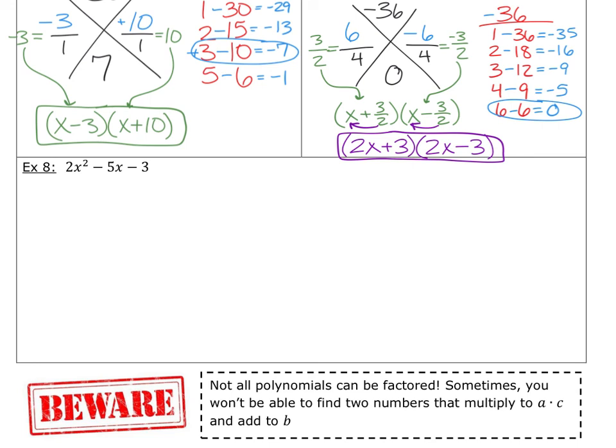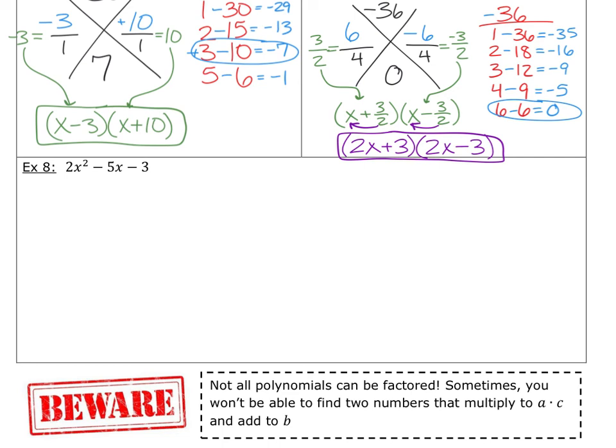The first time I come around, I'm looking to see that you can set up your X puzzle correctly. The second time, I'm going to be looking to make sure you can solve the X puzzle correctly. And the third time I come around, I want to see it written in factored form, which is with the parentheses. Those are the things I'm looking for as I come around. Are there any questions? No. Okay, I want you to start working on number 8.